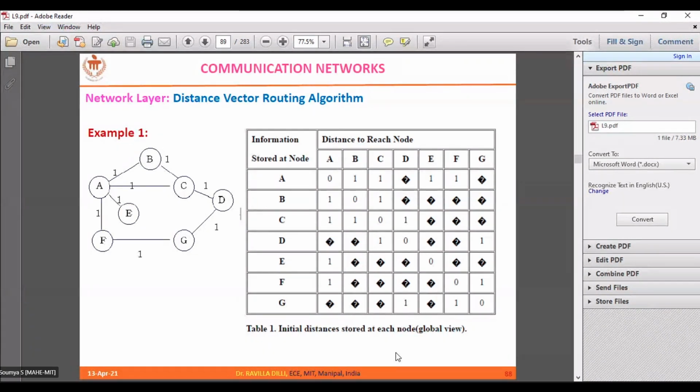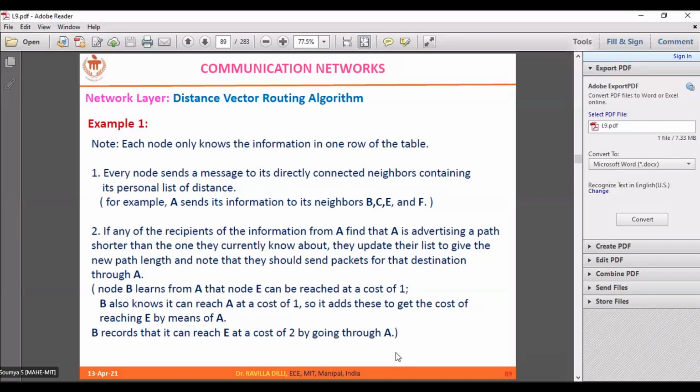Now, what is it that is important here? Every node will send a message to its directly connected neighbors containing its personal list of distances. This is something like, let us say I have a contact list and I share my contact list with whom? My contacts, isn't it? I can share that contact list with my own contacts alone.